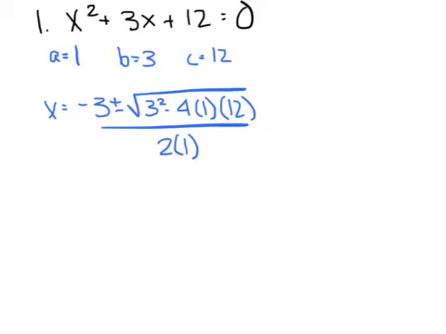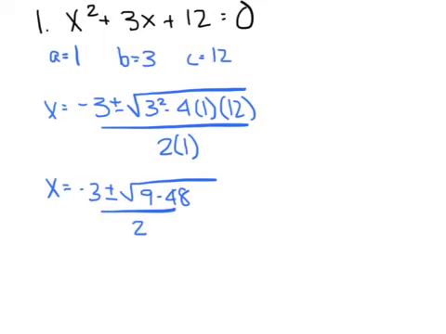We're going to have negative 3 plus or minus the square root of 9 minus 48 over 2. That's the big difference here, because we get a negative number. We get negative 39 over 2.